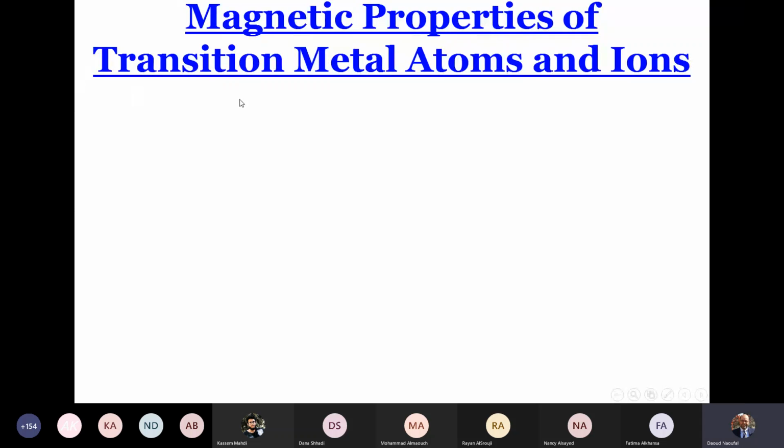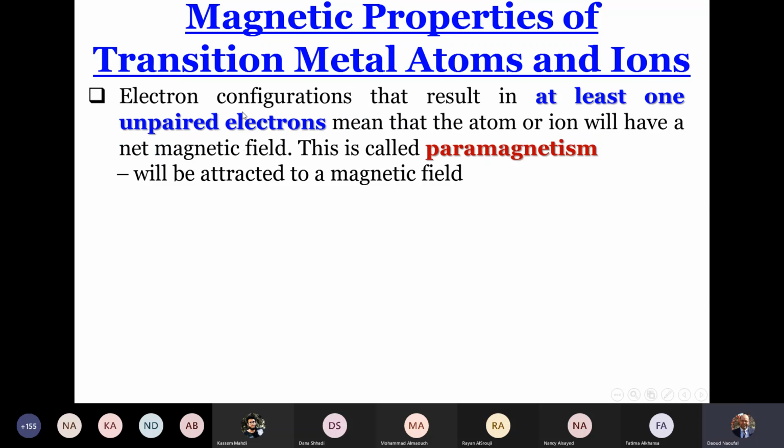Magnetic properties of transition metal atoms. So I finished the atomic size. Now I will compare another property in the periodic table, the magnetic properties of transition metal atoms and ions. What is the magnetic property?